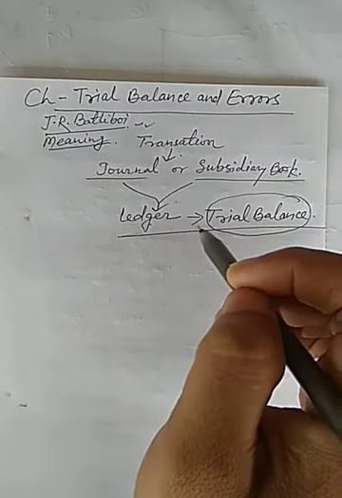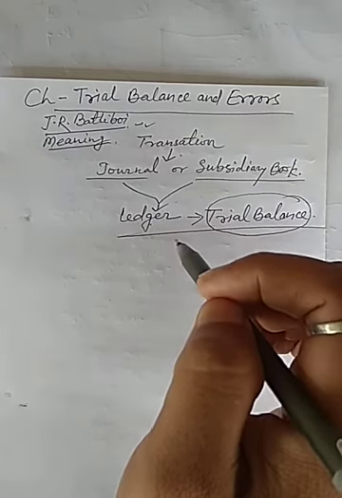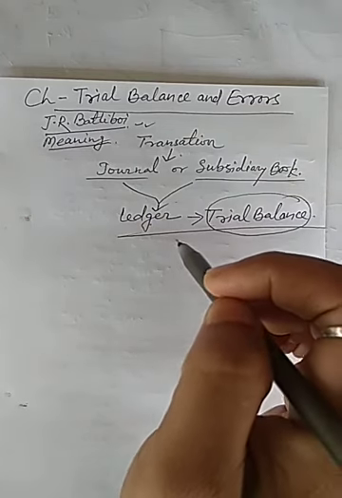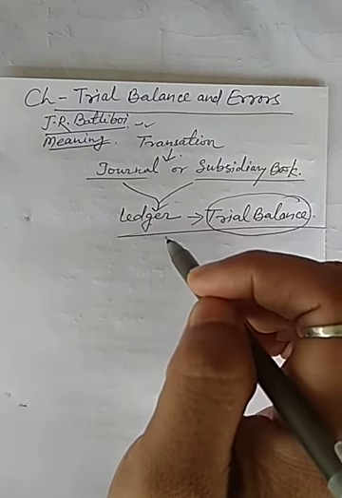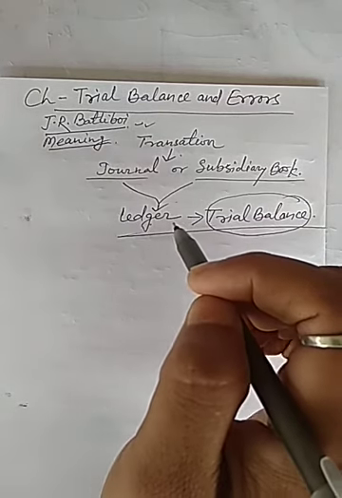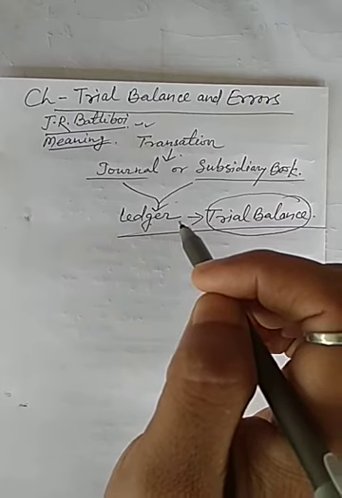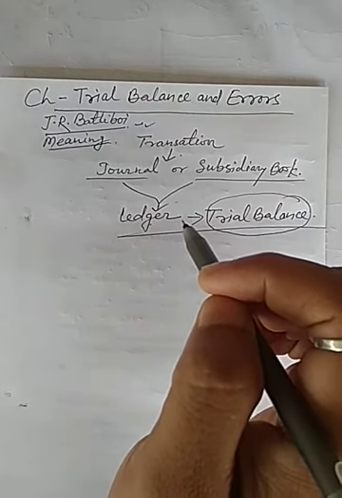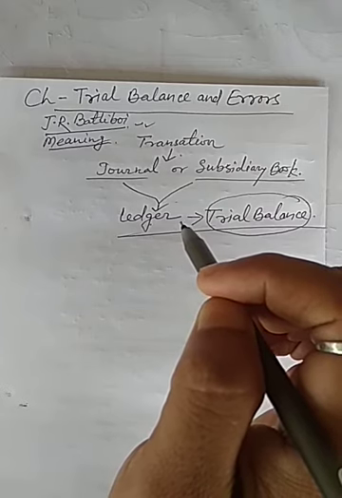The reason for agreement of a trial balance is that under the double entry system, each transaction is recorded two times, as we know, once on the debit side of an account and again on the credit side of another account.